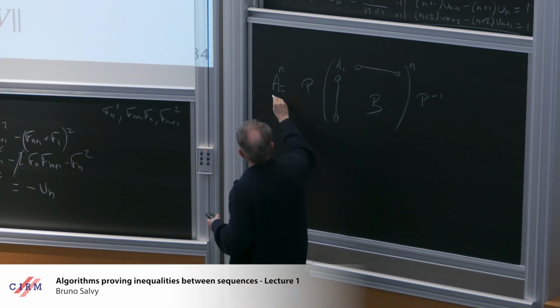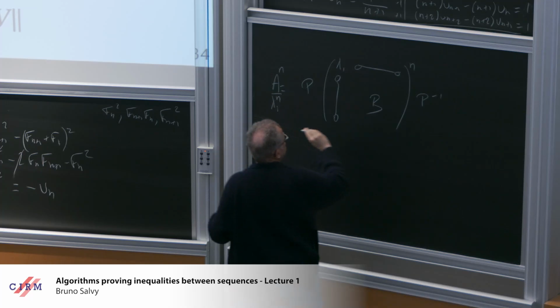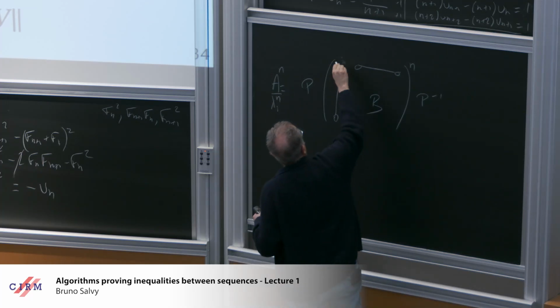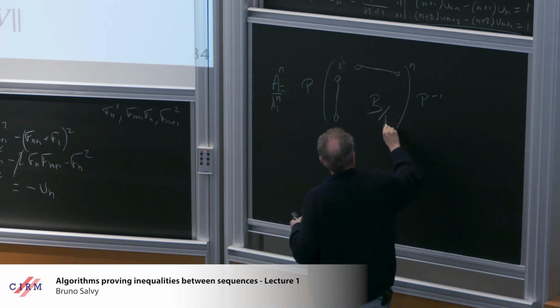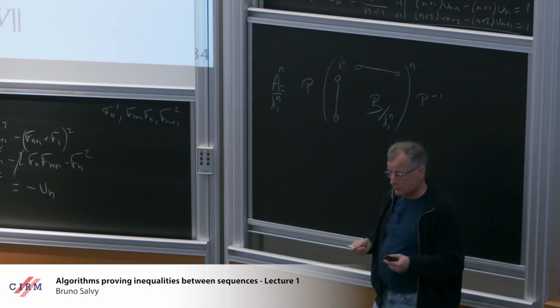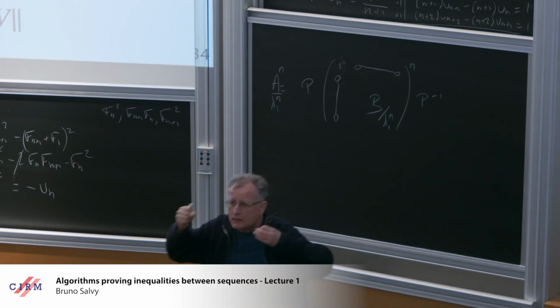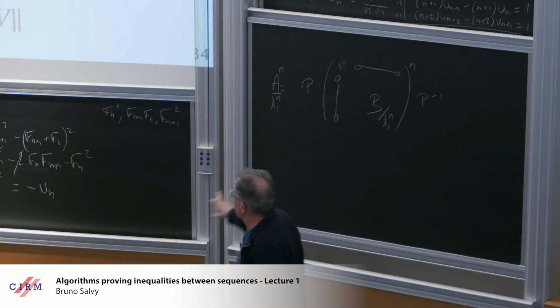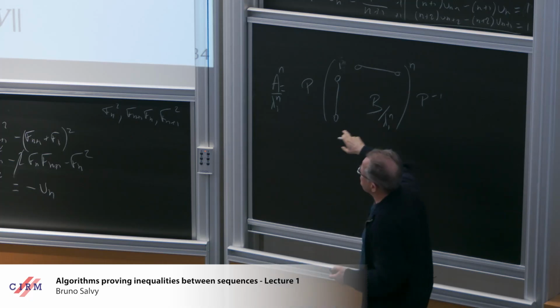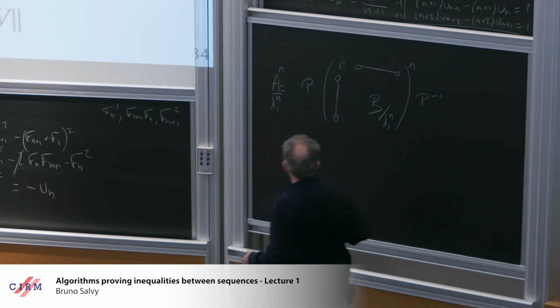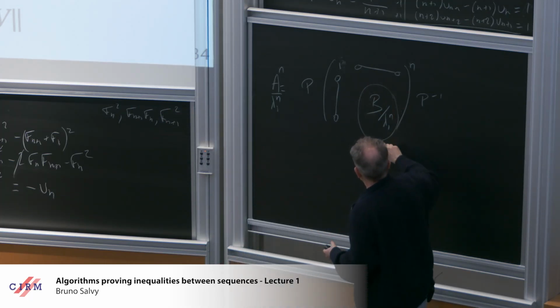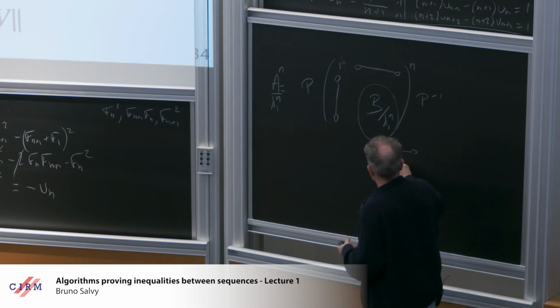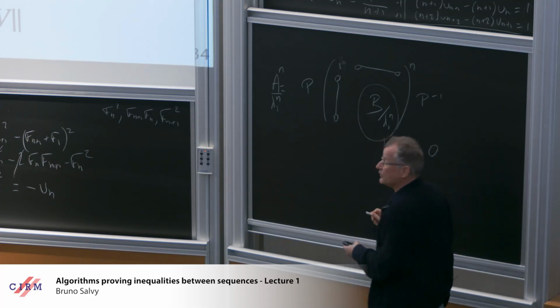So A^n divided by lambda_1^n, you have a 1 here, and you have B^n divided by lambda_1^n. Now you let n tend to infinity. Because the largest eigenvalue of B is smaller, this block, as n tends to infinity, tends to 0.